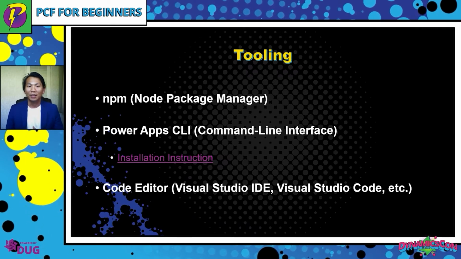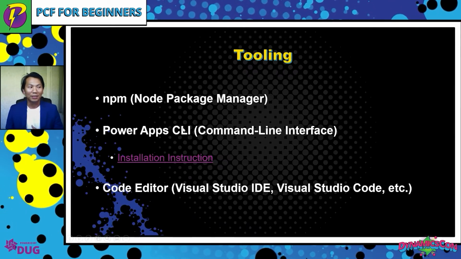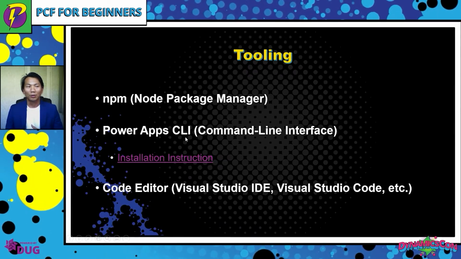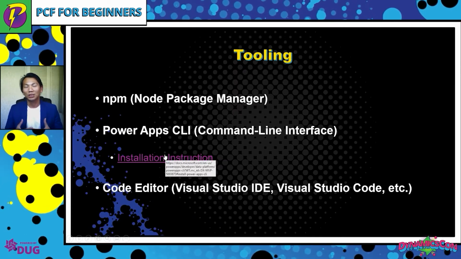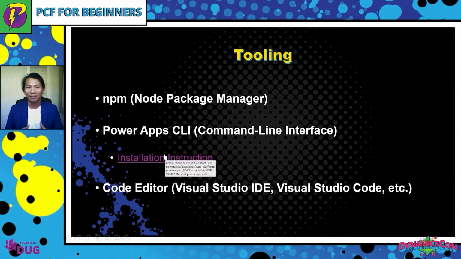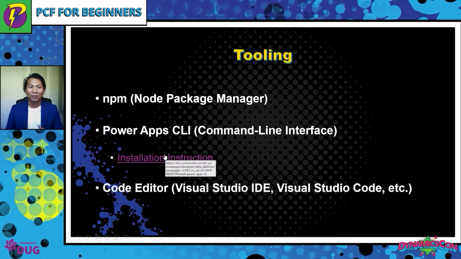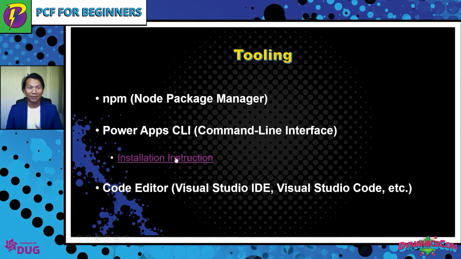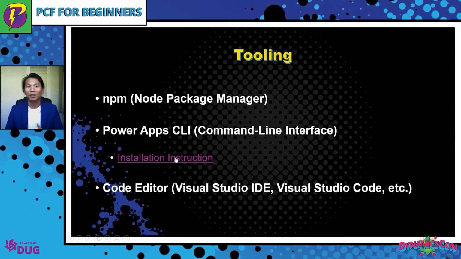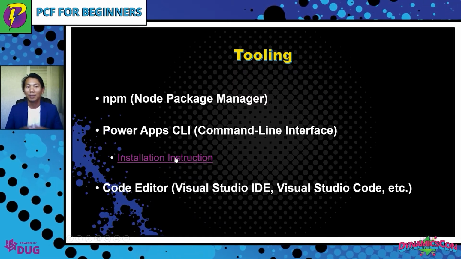Once you get it, you can download the Power Apps CLI. The installation instructions are on the Microsoft Docs site, and once you have downloaded my slide, you can open up this link and find how to install the Power Apps CLI.